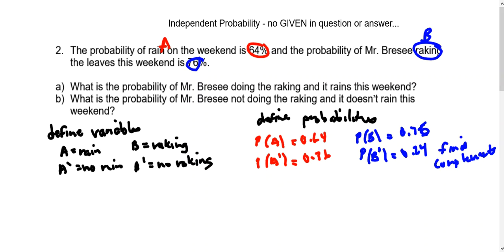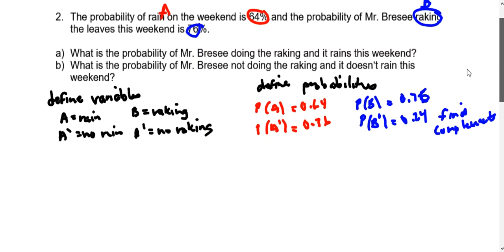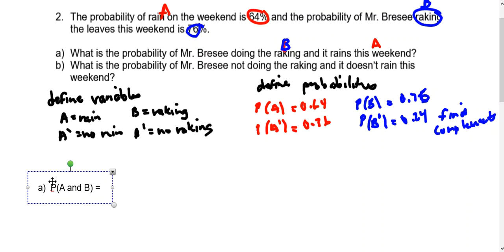Okay, so now we can answer our questions. All right, what's the probability of doing the raking? So actually that is B. And it rains. So when you write this out for A, you can keep it as probability of A and B. Okay, you can do that.